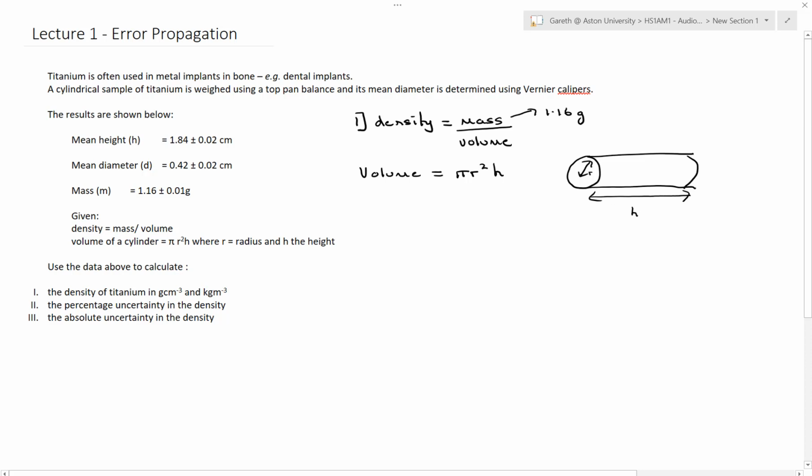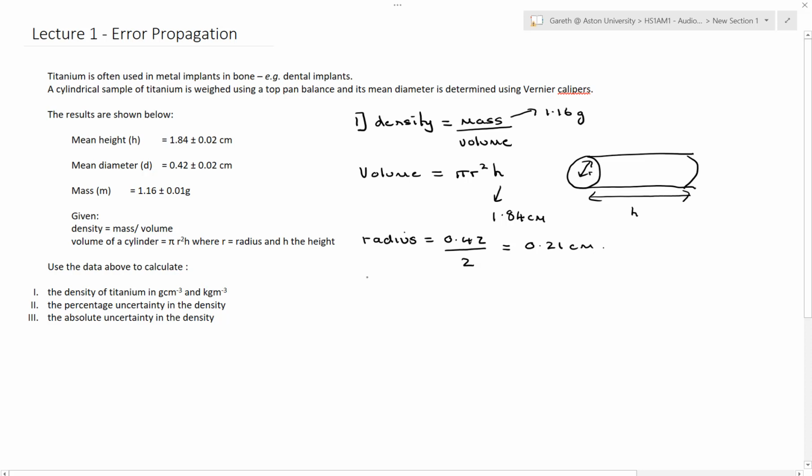Now in the data given we have the height is 1.84 centimeters, but we're given the diameter where we require the radius. But recall that the radius is simply half of the diameter, so we can say that the radius is 0.42 divided by 2 to give us 0.21 centimeters.